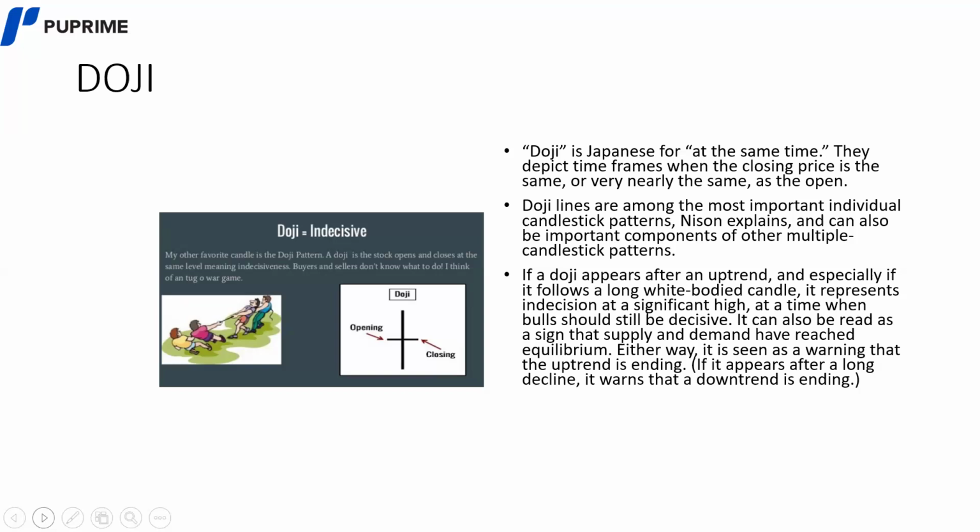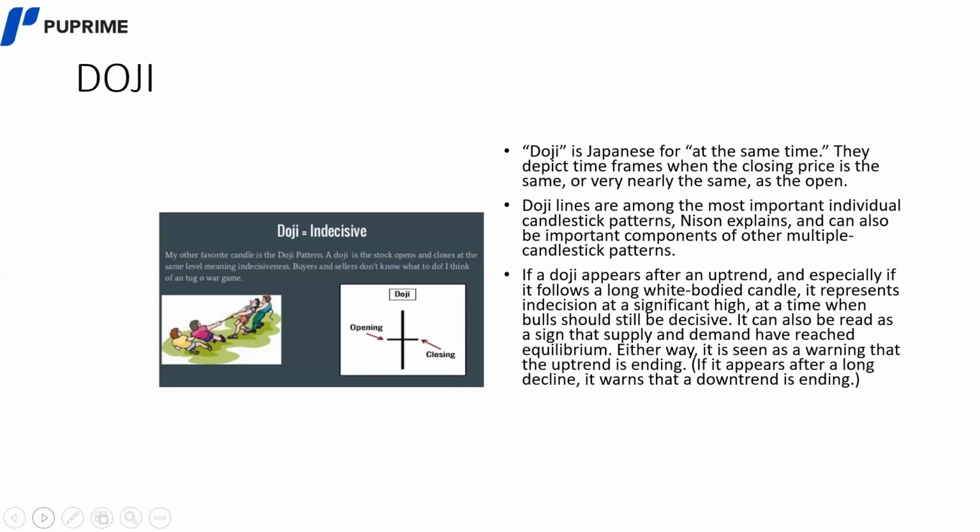If a doji appears after an uptrend, especially following a long white body candle, it represents indecision at a significant high, at a time when bulls should still be very decisive. It can also be read as a sign that supply and demand have reached equilibrium. Either way, it's a warning that the uptrend is ending.